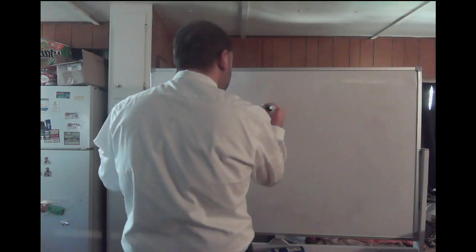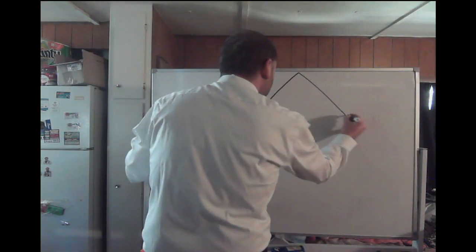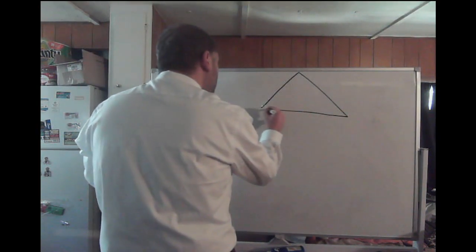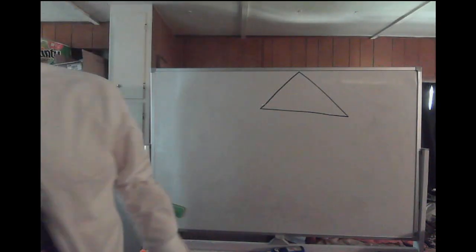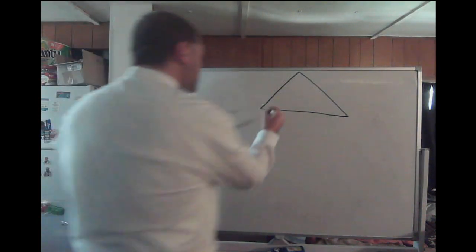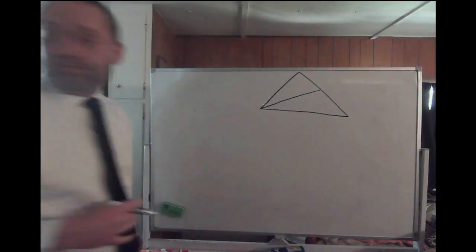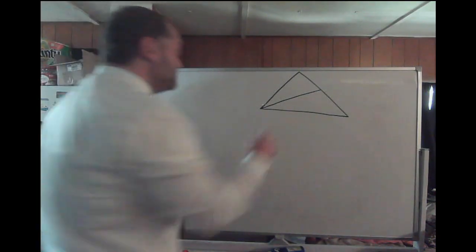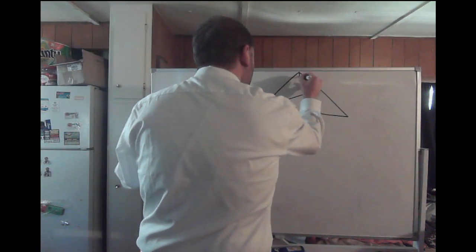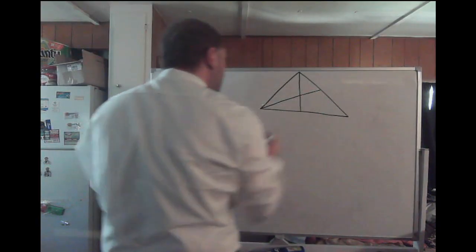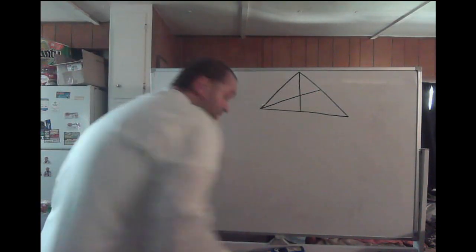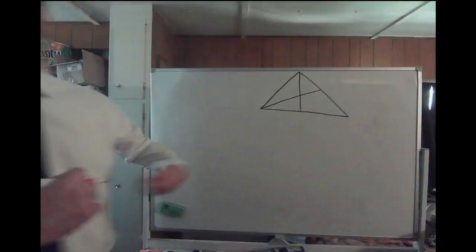Alright. Draw another big triangle. What's next? Right from here to here, okay. And then from down here to down here. Gotcha. Alright. Let's set up our perpendicular markers.